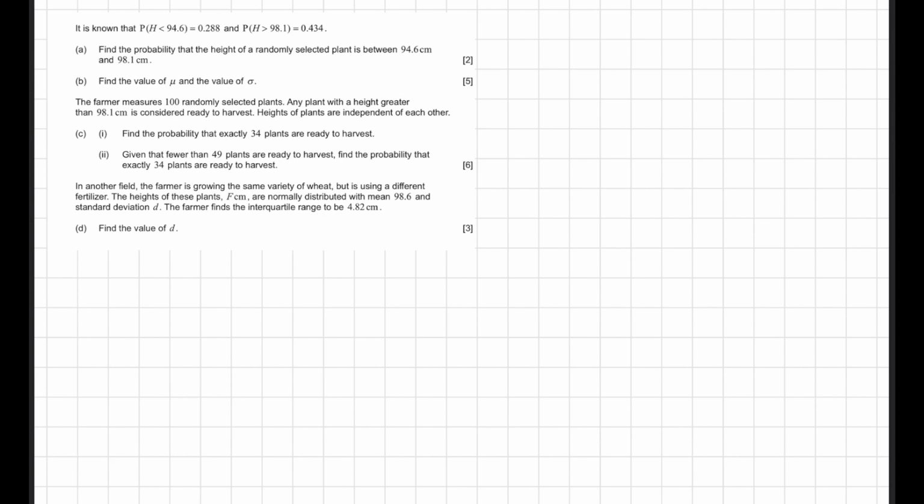To satisfy the binomial distribution, we have to meet three requirements, right? The first requirement that we have to meet is a fixed number of independent trials.